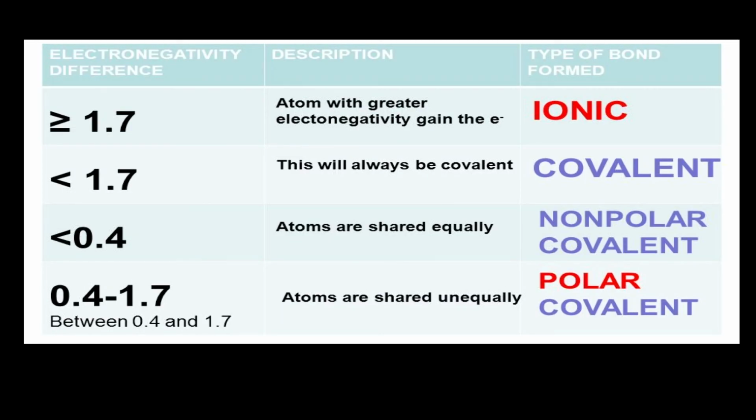If the difference in electronegativity between two elements is 1.7, the bond has 50% ionic character and 50% covalent character. If the difference is less than 1.7, then bond is considered as covalent. That is, it is a molecular bond. If the difference is greater than 1.7, then the bond is considered as ionic.